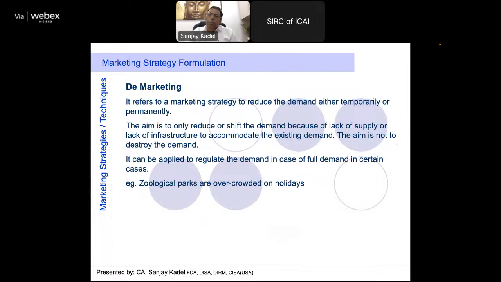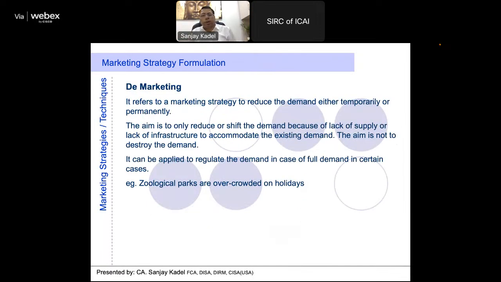Still, customers will come, but there may be some very cost conscious customers who may schedule their purchase in such a way that they come on a weekday and avoid some unnecessary expenses. That is a demarketing approach. It is not that you want to permanently stop your customers. No, you're just trying to discourage the demand at certain times temporarily because you are not able to serve them. That is the only reason.